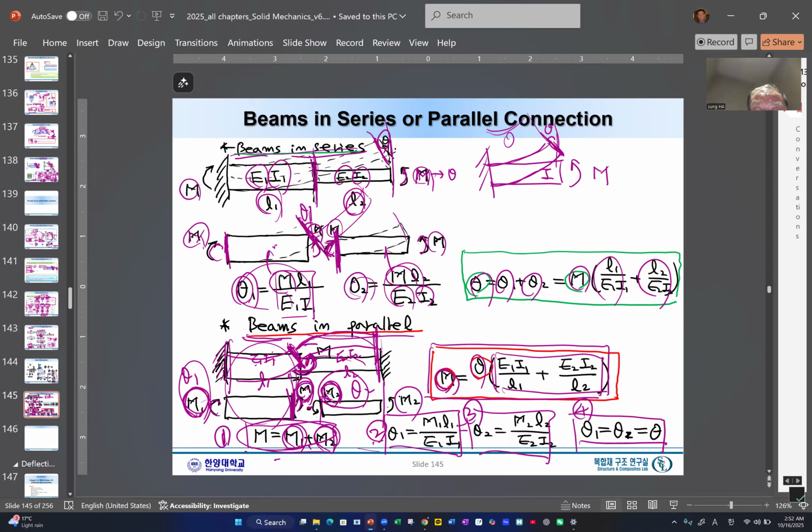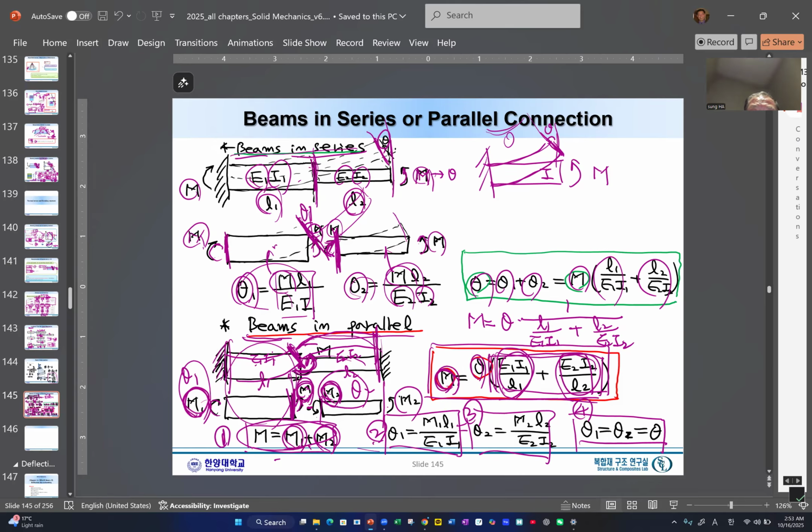So moment over theta, and this can be the moment, and divide by theta, the reverse, like L1 by E1 I1 plus L2 by E2 I2. So this is the series, and this is the parallel. This is a kind of stiffness.